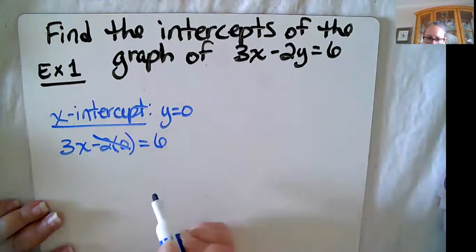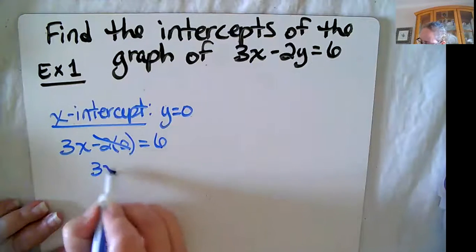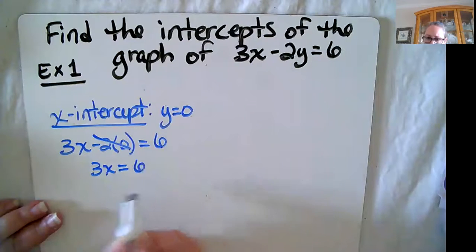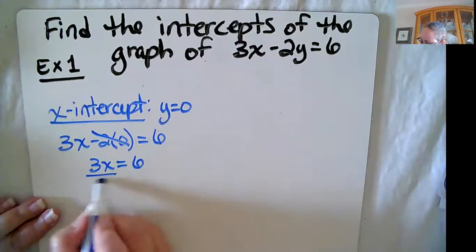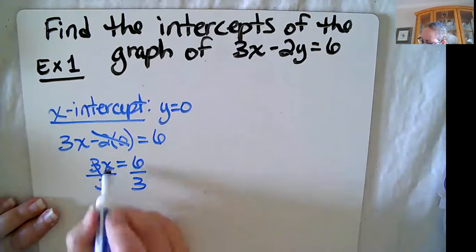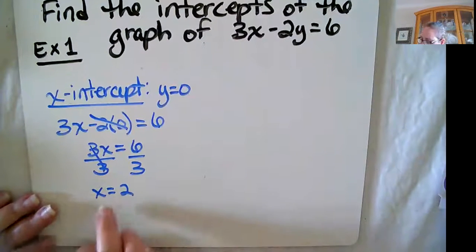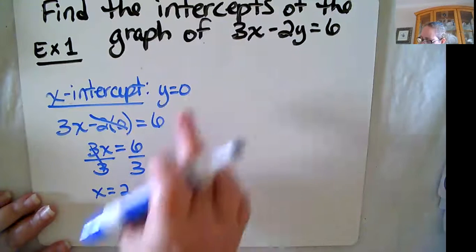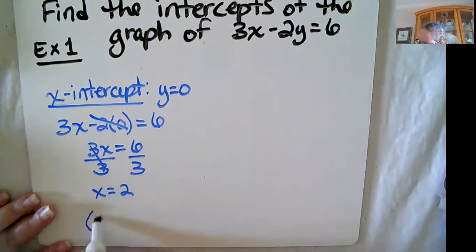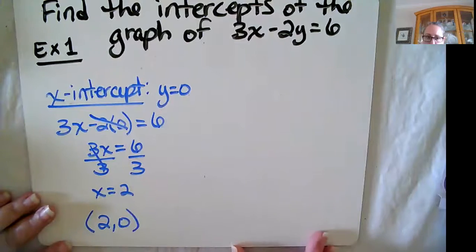Well, that just goes away, and then we're left with 3x equals 6, and then solve for x. Divide by 3, divide by 3. So we have x is equal to 2. When you use that, it's together with the y. So together it's an ordered pair, (2, 0).